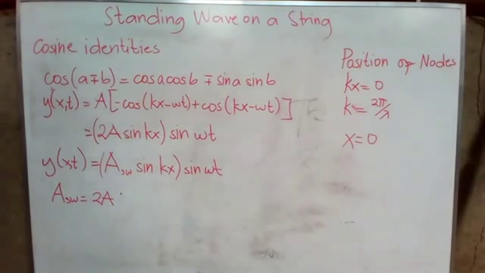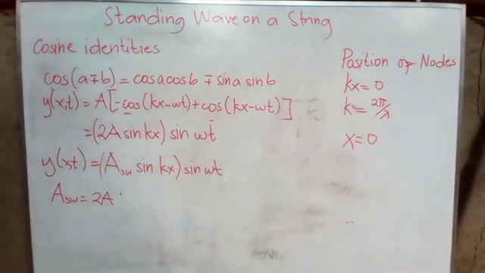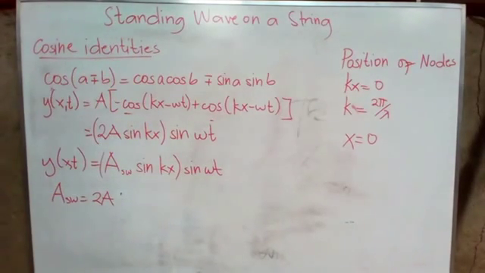Now from our previous equation, y as a function of x and time is equal to negative cosine of kx plus omega t plus cosine of kx minus omega t. We can rewrite this according to the cosine identities. We all know that cosine of a plus or minus b is equal to cosine a times cosine b minus or plus sine a times sine b. So do the math and replace the values.